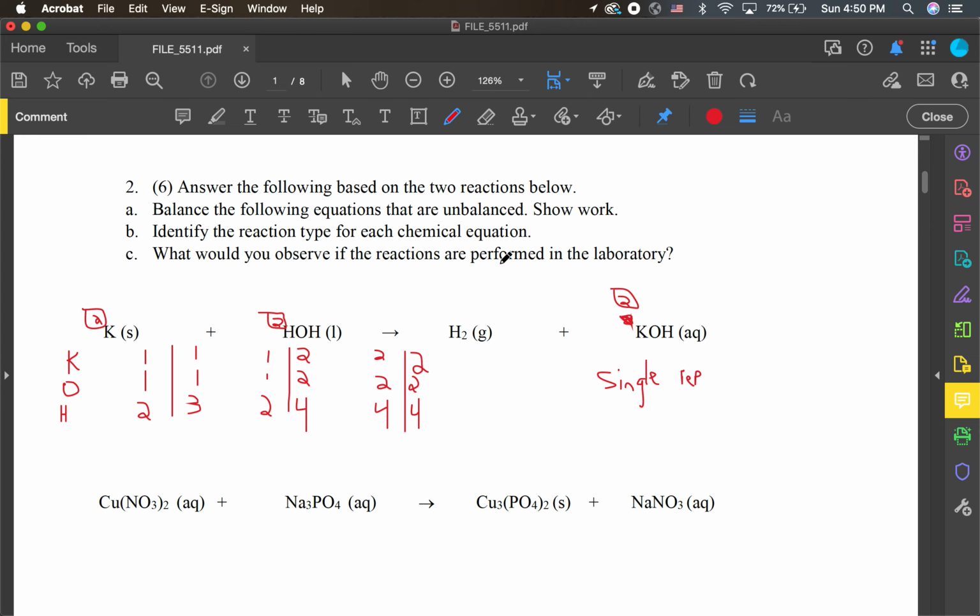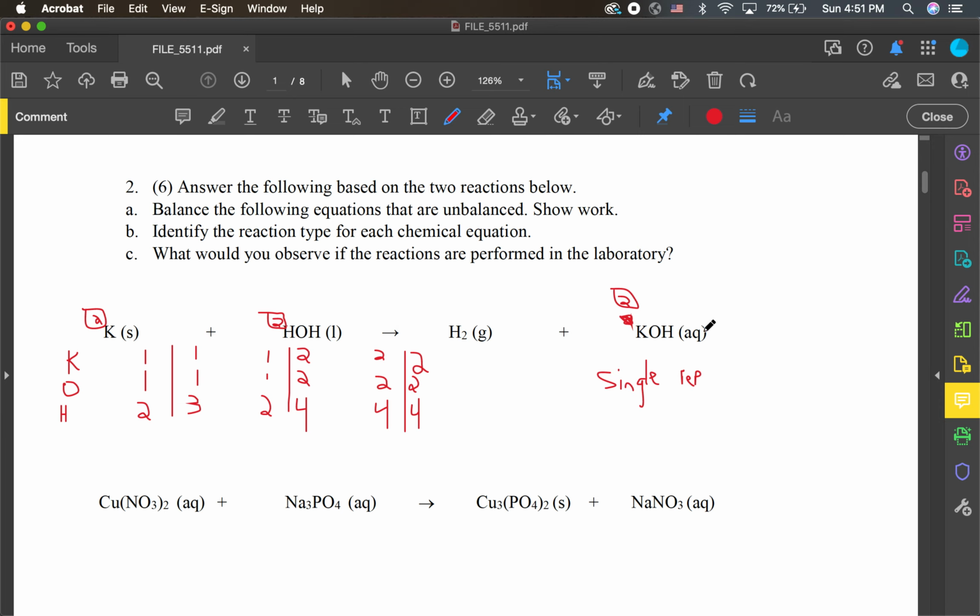What would you observe in this reaction in front of the laboratory? Okay, so you have a solid and you're adding it to a liquid. So this is like if you've got your little petri dish and you drop a little piece of potassium, think about it like a little piece of salt. When you put that into the water, it produces hydrogen gas. So there'd be a gas coming out of the bowl, and you'd be left with this potassium hydroxide solution.